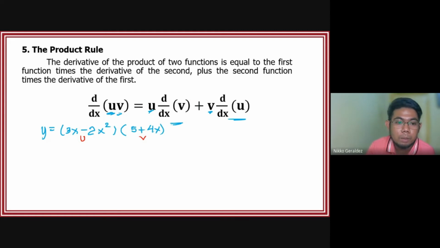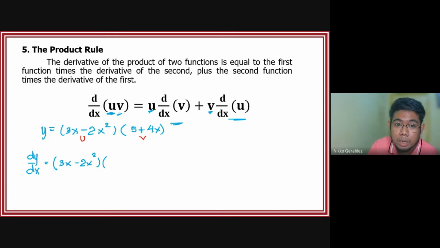So, derivative of y with respect to x, so that is equal to, kopyahin lang first function, yung u, so 3x minus 2x squared times derivative of the second function, derivative of v.